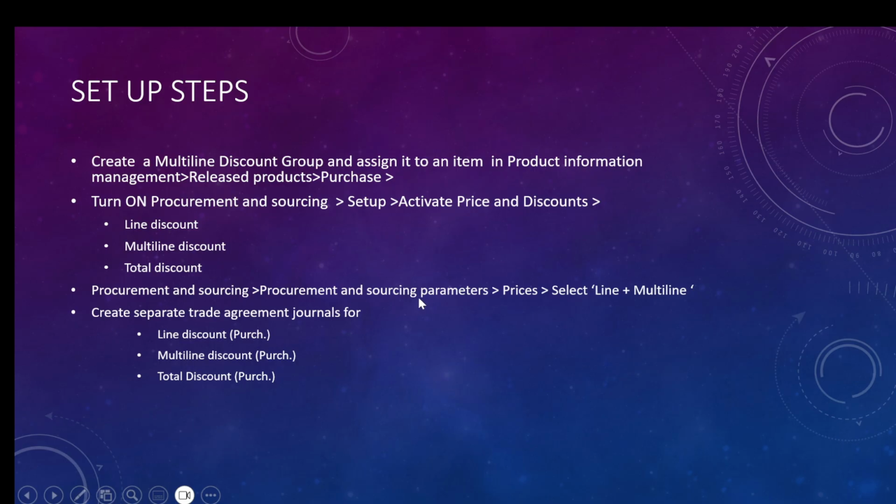Here it is procurement and sourcing parameters, and under that there is a prices tab, and under that we need to select line plus multi-line. After all those setups, we should start creating trade agreement journals for line discount, multi-line discount, and total discount. So these are the configuration steps.